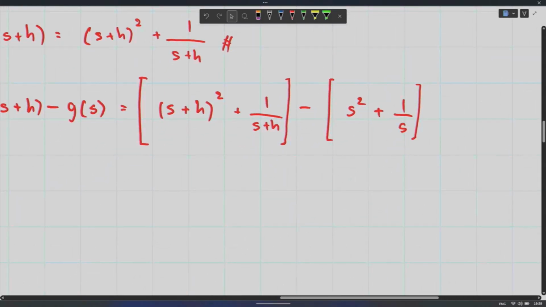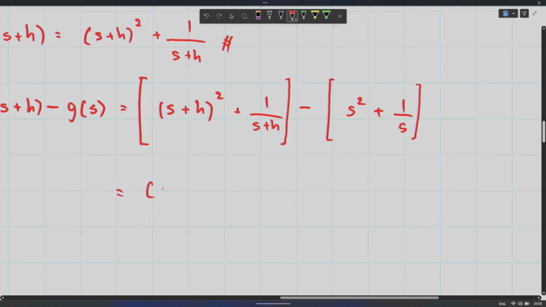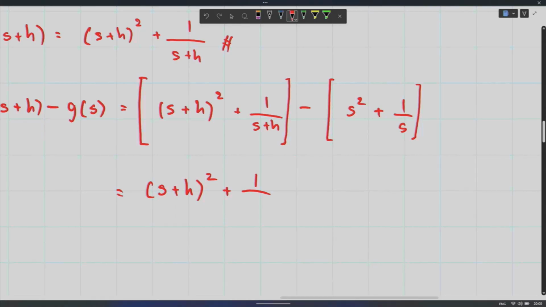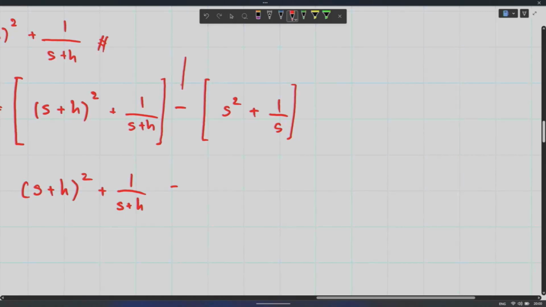Now let's make it simpler. We have to remove the brackets, right? The first one we can just remove. And the other one has a minus in front of the bracket, so we have to distribute it inside too.